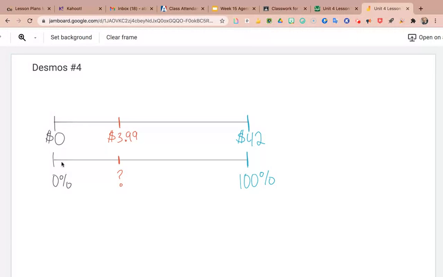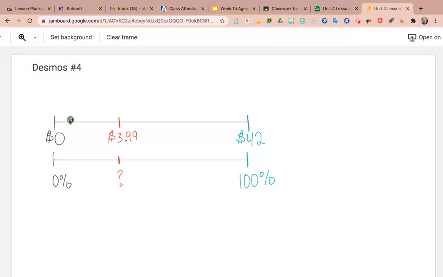Well, if I find 1%, I don't know how many I'll need to make this mystery number. But if I find $1, I know I need $3.99. So if I find $1, it will help me find $3.99. So finding 1% won't help me in this case, but finding $1 could.